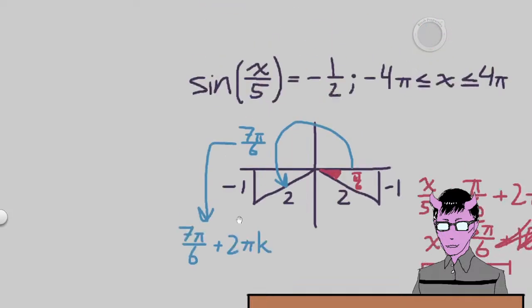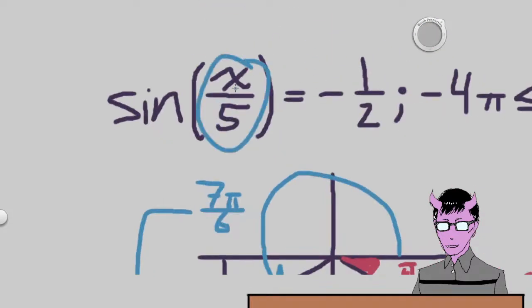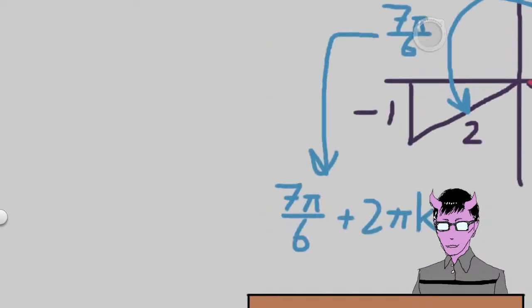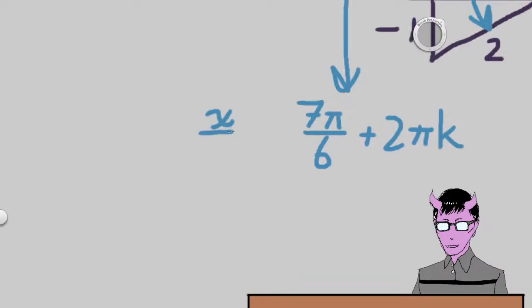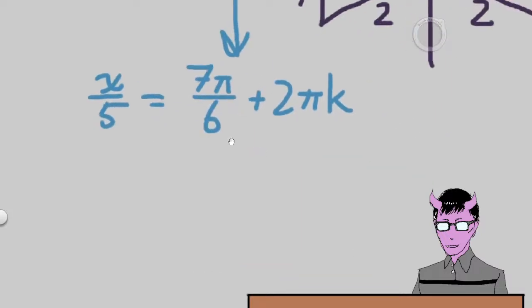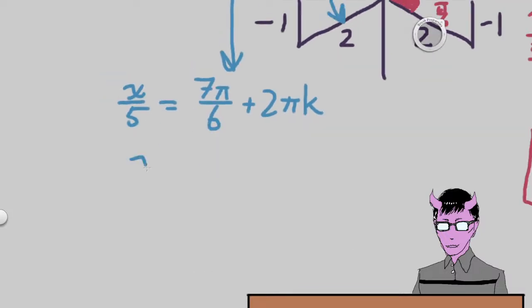What's our actual argument? Our actual argument is x over 5. And like before, we're just going to solve for x, multiply both sides by 5. So we're going to get 35 pi over 6. That's wonderful. And right here is going to be plus 10 pi times k.